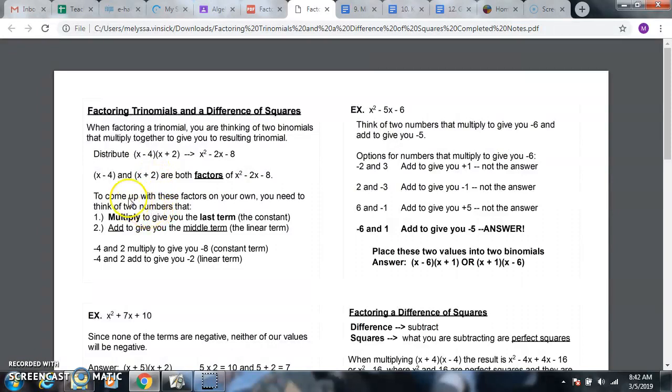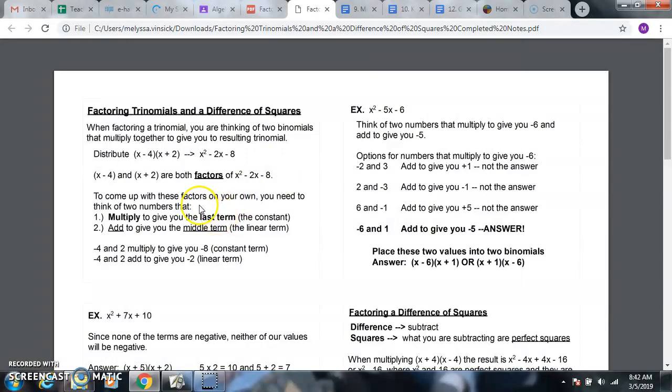Now, to actually come up with these factors, we have 2 steps that we're going to go through. The first step is I need to figure out 2 numbers, 2 values that will multiply to give you the last term, which is the constant. So with x squared minus 2x minus 8, I first need to think about 2 numbers that will multiply to give me a negative 8.